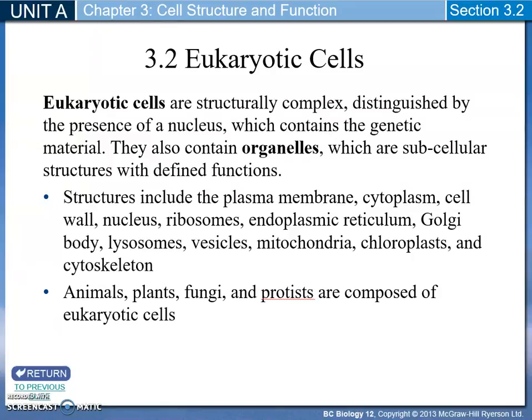They are distinguished by the presence of a well-defined nucleus, having a nuclear envelope, which contains the genetic material, and they also contain organelles, which are subcellular structures with defined functions. So subcellular simply refers to some of the smaller structures within the cell itself.